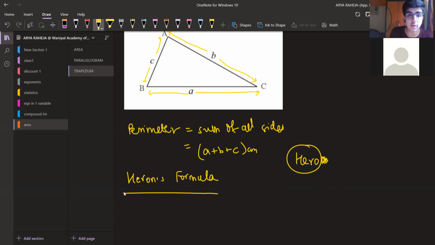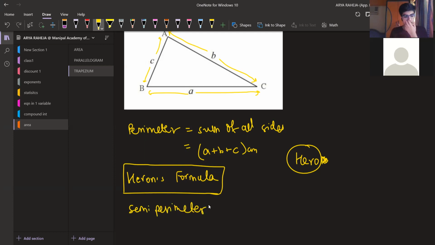So this is called Heron's formula, not hero's formula, Heron's. That's the one thing to remember. Because he found this. Now what Heron said is, to find the area we use something called the semi perimeter.